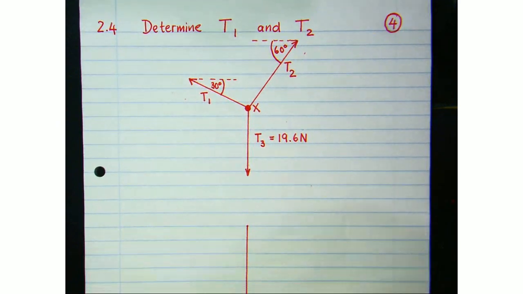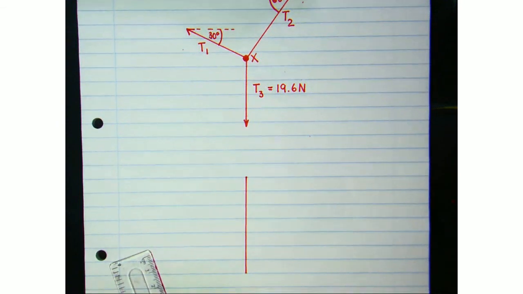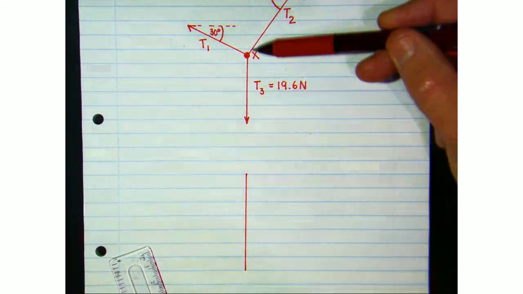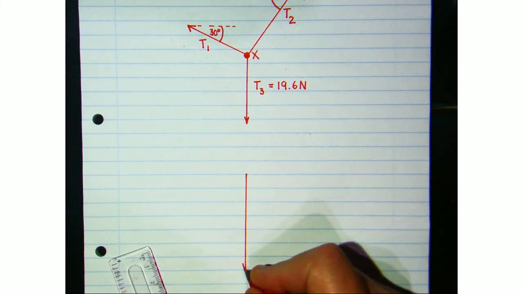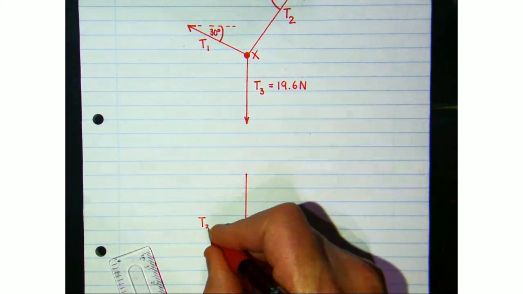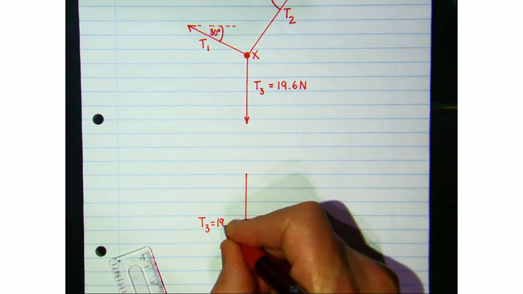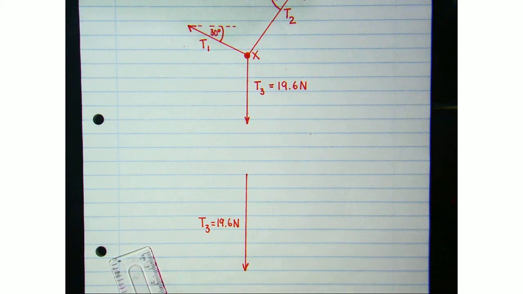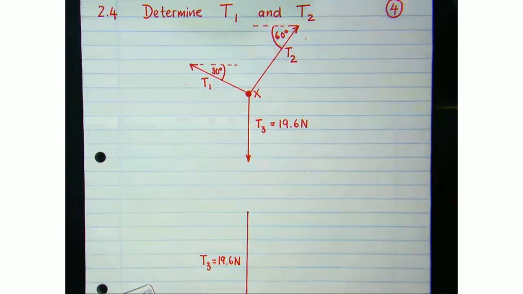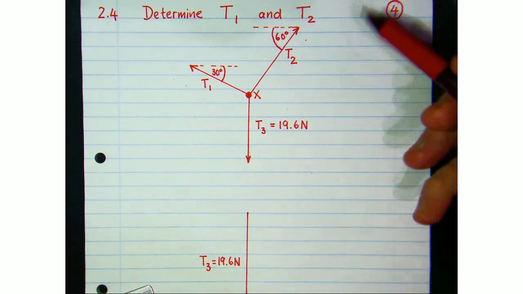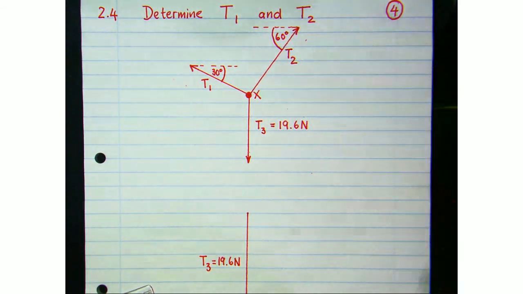So when I apply this law, I like to draw the vertical forces first. The only force in the vertical plane is T3. So I draw that down my page, label it as T3. We know its value. And then I can take any of the other two forces. So I choose to take T2 first.